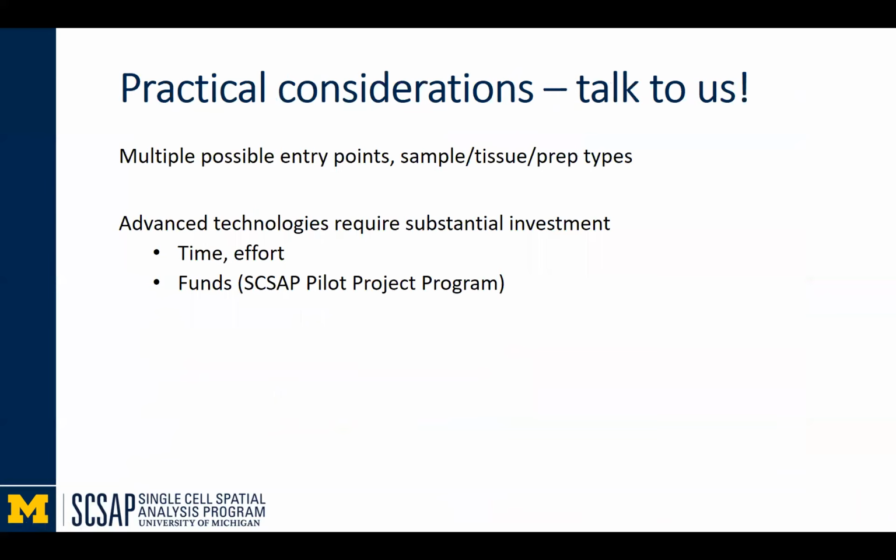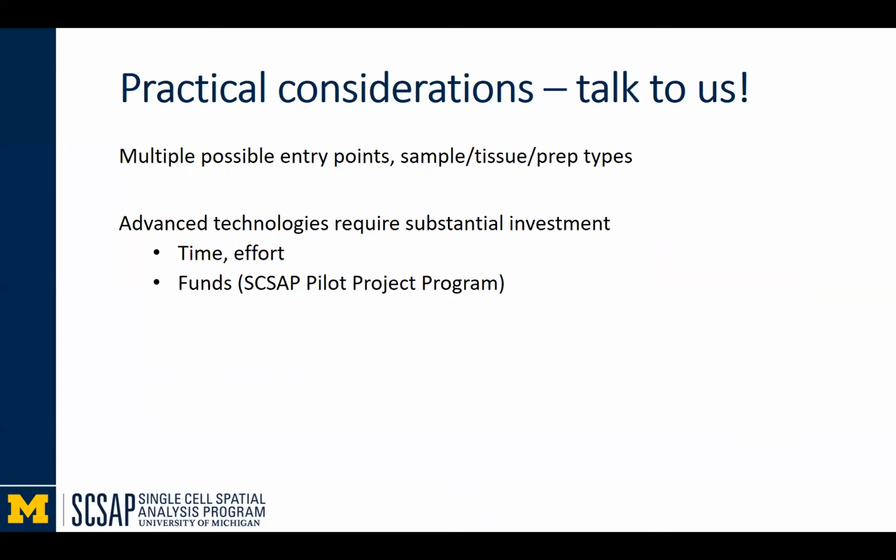Okay, so my last slide is to just emphasize that I realize this is complex. There are not only multiple technologies and opportunities across the campus, but even some of these have multiple possible entry points. So there are different ways that you might prepare your sample or your tissue and get into these technologies. So it is very complex.